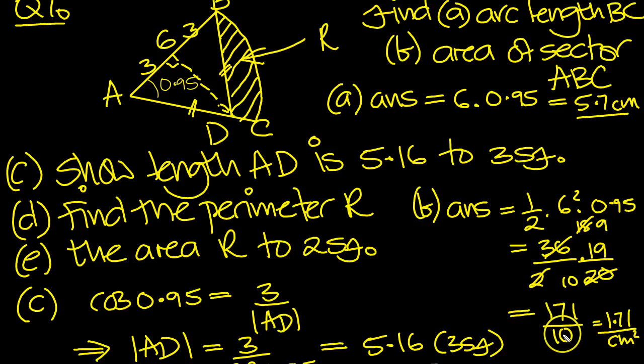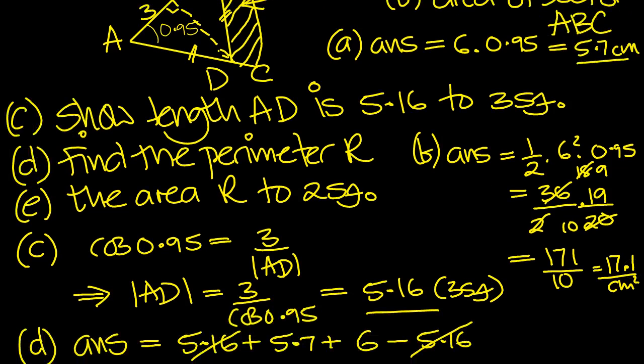This is 171 over 10, which is 17.1, because I've just decided to divide by 100. So let's change that now, 17.1. Okay, that's adjusted now, thankfully.